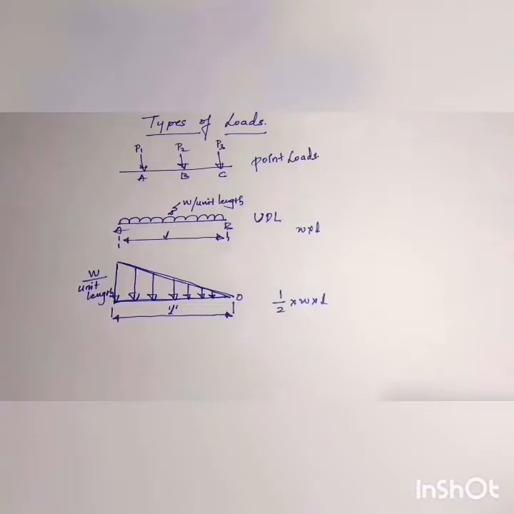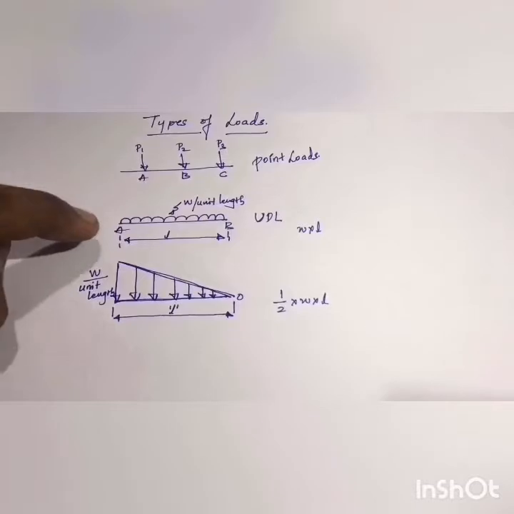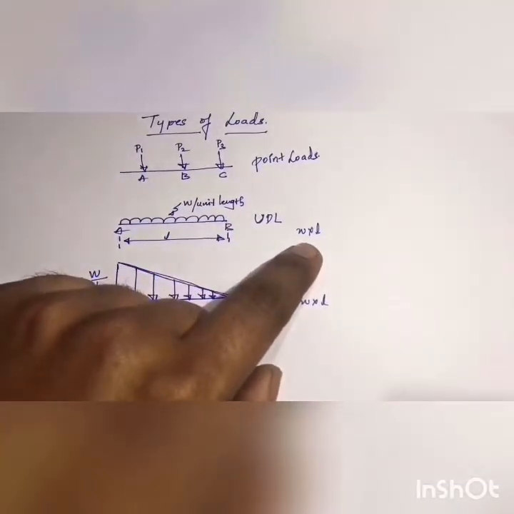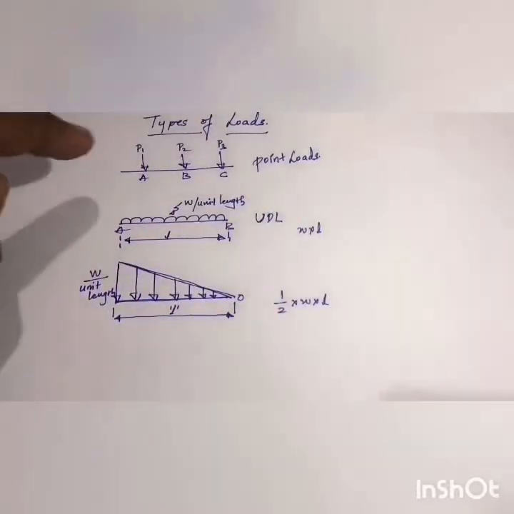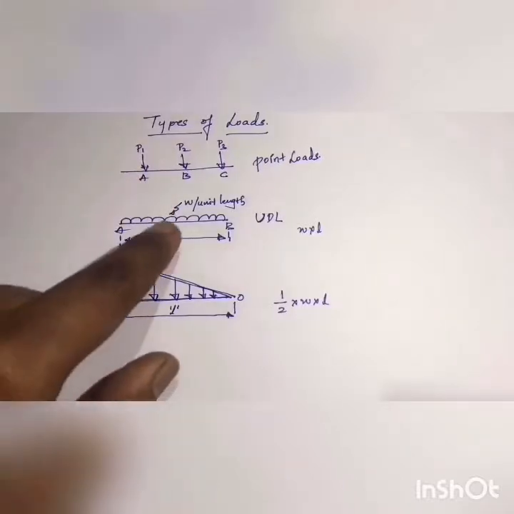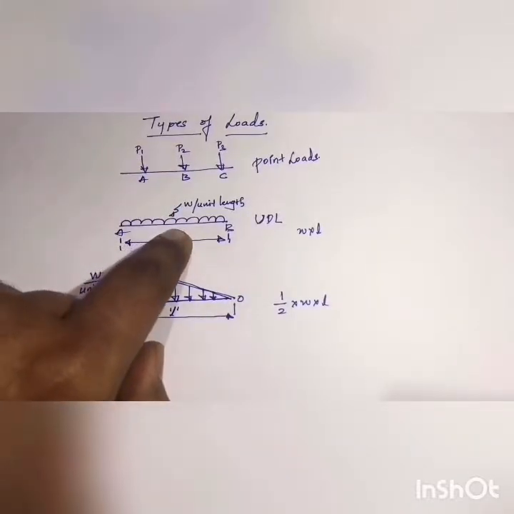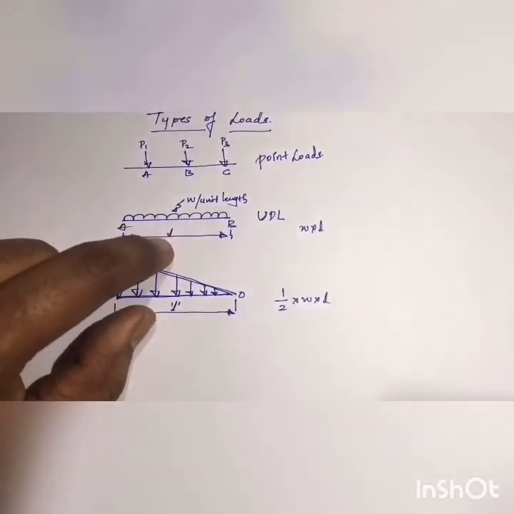To find the equivalent point load from the UDL, we have to multiply this W into the length along which it is acting, that is W into L. Also, it has to be noted that this equivalent load of the UDL acts exactly at the center of the UDL, that is at its midpoint, which is L by 2 in this case.